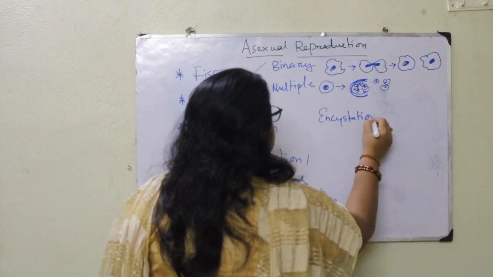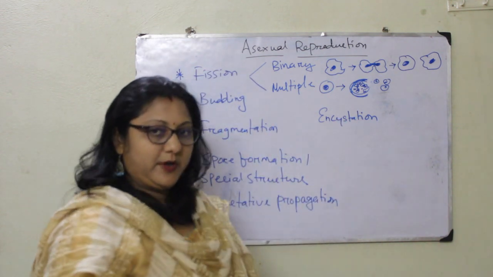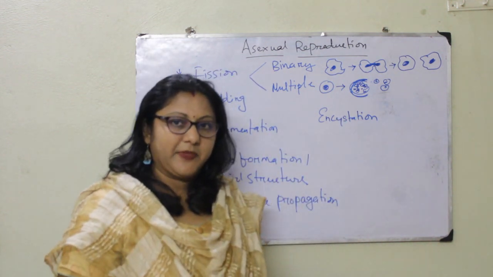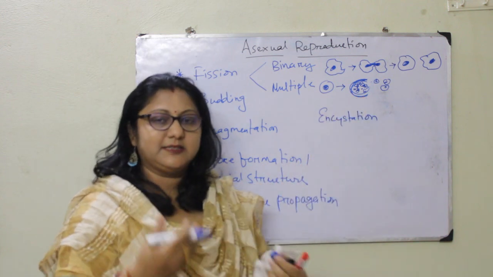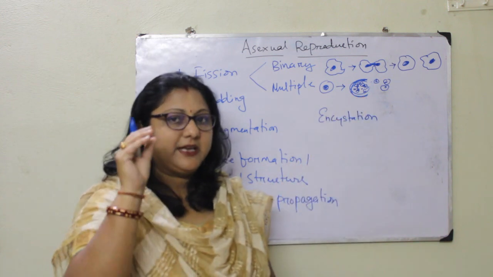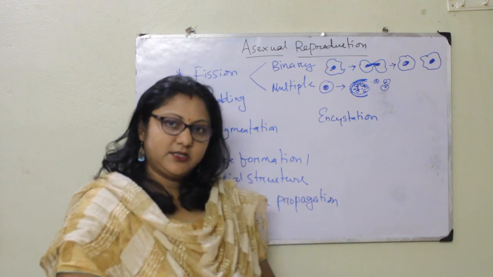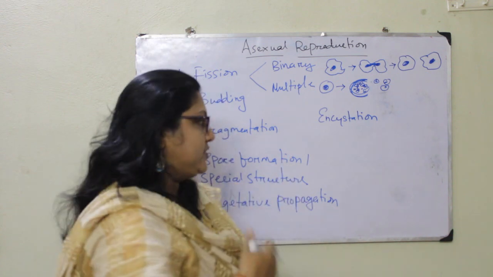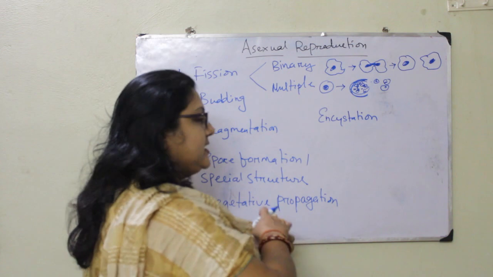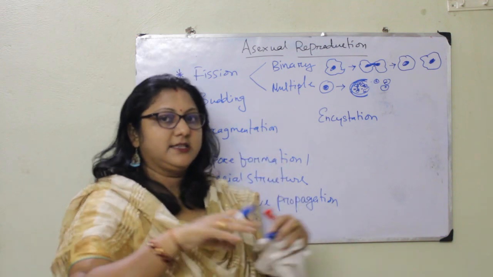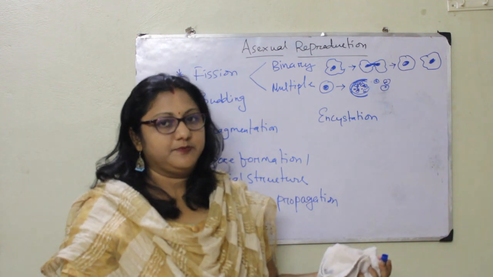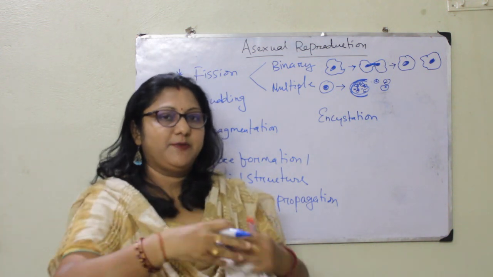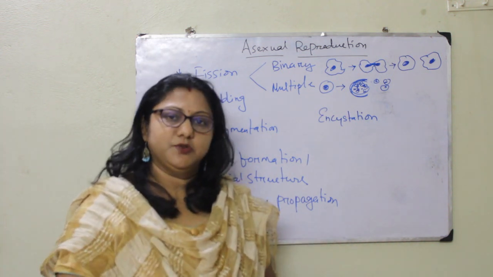Encystation is the covering of amoeba with a cyst wall. Then inside that, the amoeba divides multiple times and makes tiny cells inside the 3-layered cyst. During favorable condition, the cyst wall breaks and many tiny amoeba spores move out and develop into new individuals.